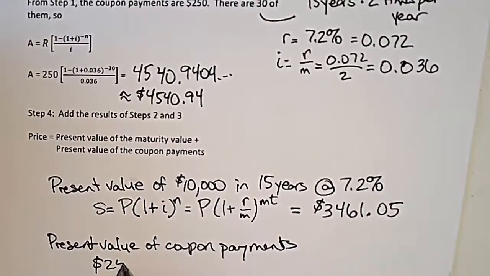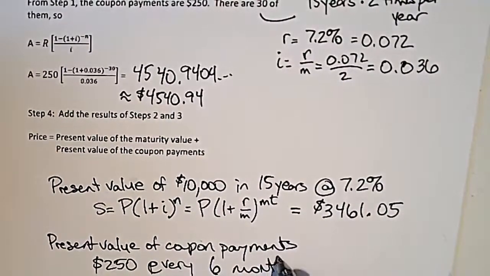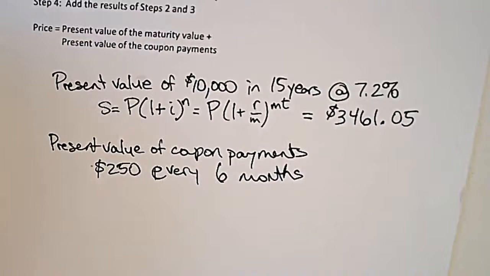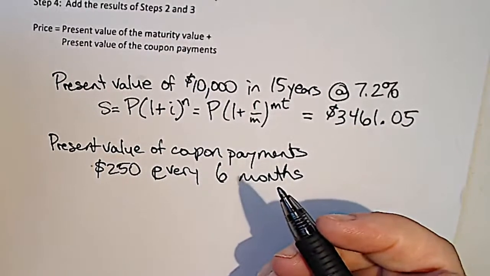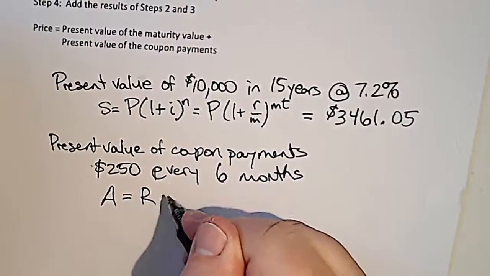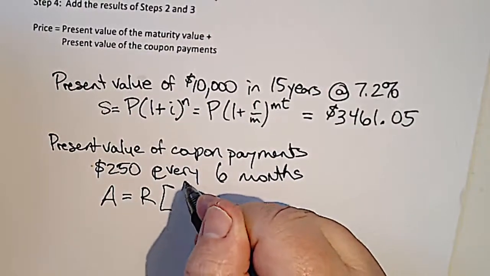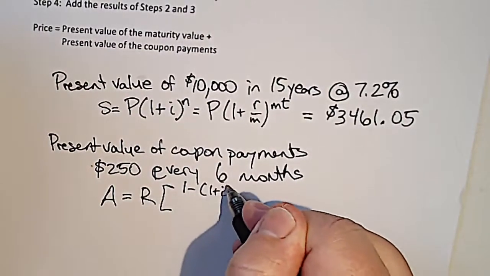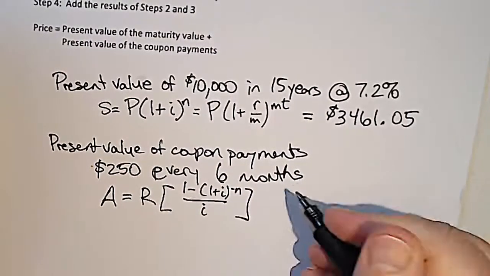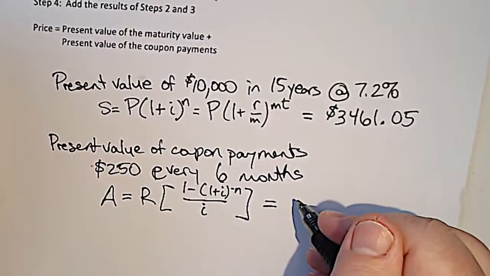That's $250 every 6 months. Now, this is a repeated payment. So the present value of that, we used the formula we just got, A equals R times the quantity 1 minus 1 plus I to the opposite of N all over I. And we got, how much was that one?